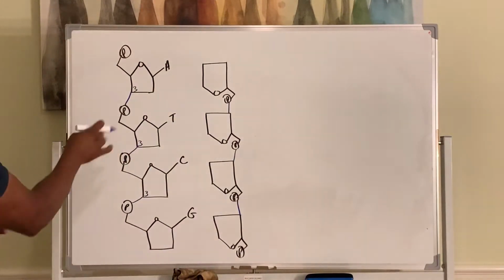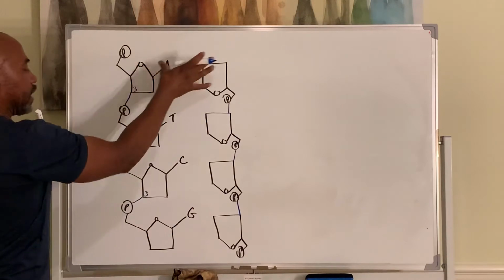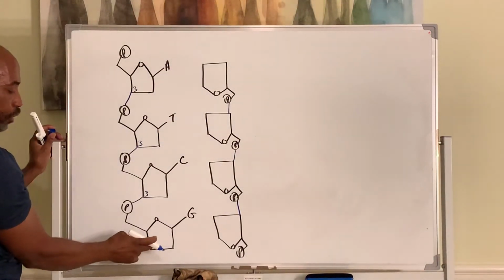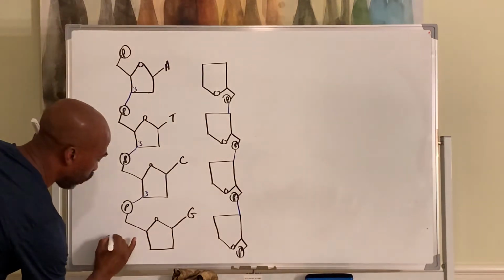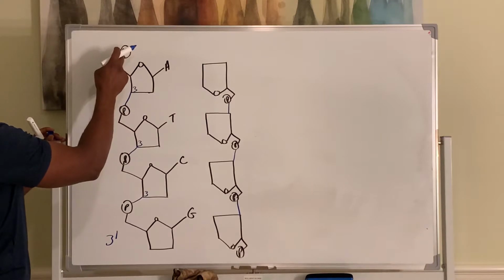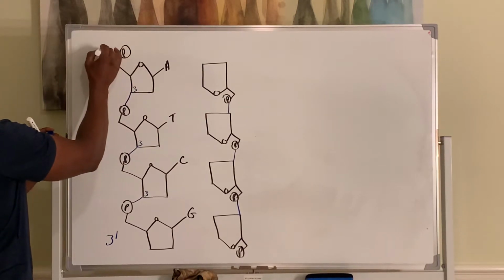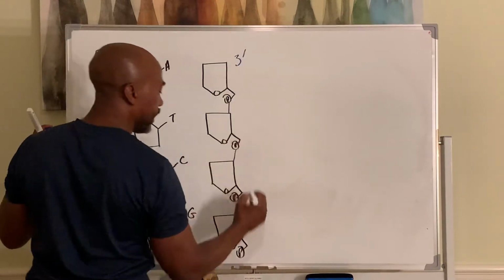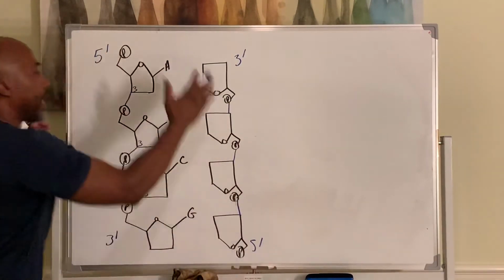And when we draw it this way, we can orient the strand. So in this strand, since the number 3 carbon here is free, this end is called the 3' end, and here the phosphate on number 5 is unattached, so it's called the 5' end. Over here, this will be the 3' end. This is the 5' end. So the strands are like this.